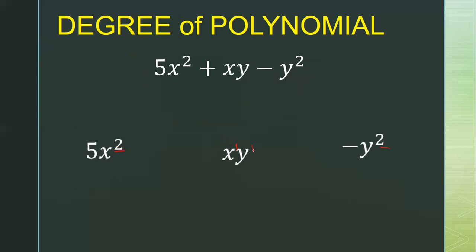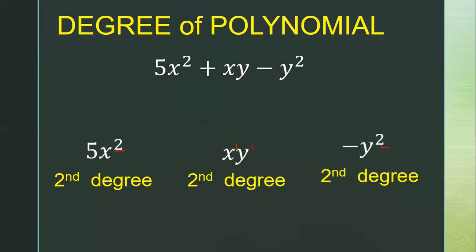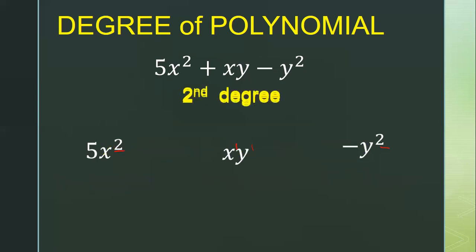So degree of 5x squared is 2. Degree of xy is also 2. Degree of negative y squared is also 2. Therefore, the degree of this trinomial is no other than second degree.